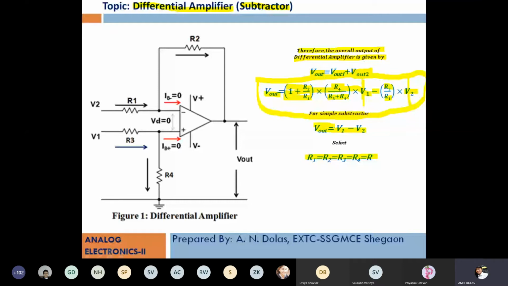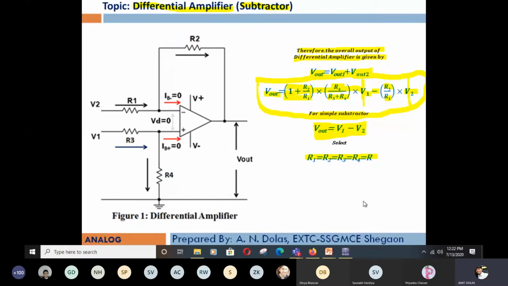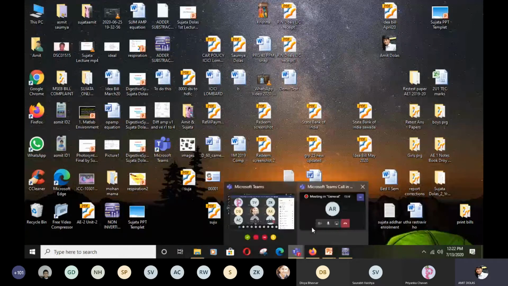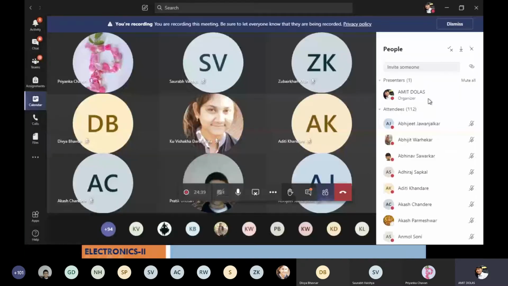Again, I will come back to you before moving to the numerical based on this. Till then, I need some feedback from you, whether you are getting the concept of the differential amplifier, want me to repeat something, or shall I move to the numerical based on whatever we have seen, that is, the differential amplifier.